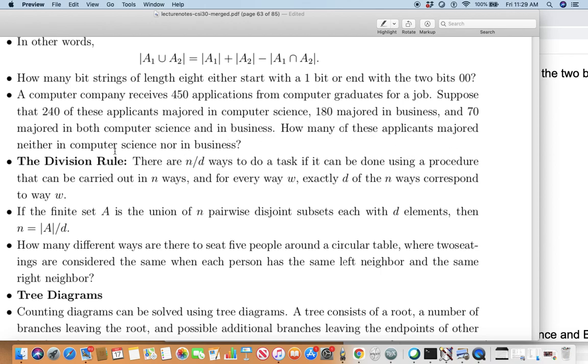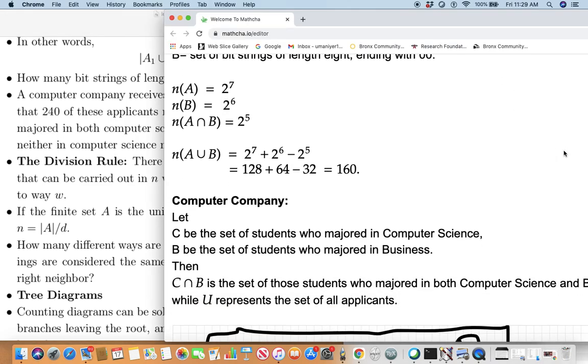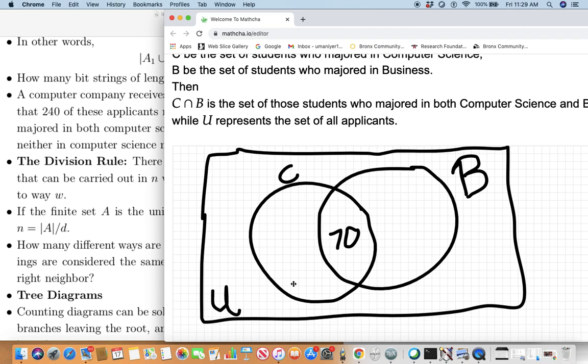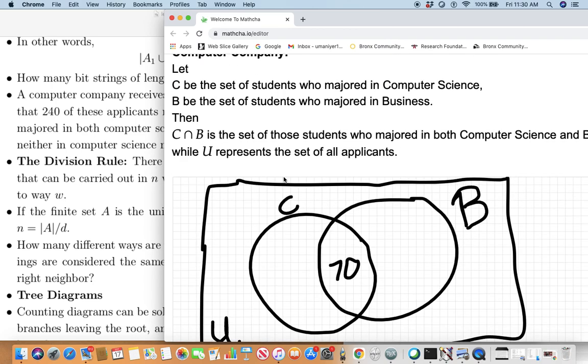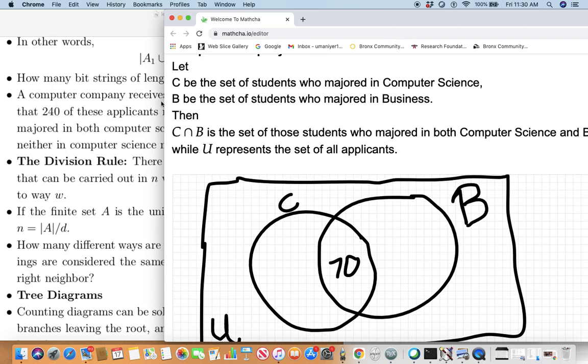How many of these applicants majored neither in computer science nor in business? Well, let's draw a Venn diagram. This is the universal set. U represents the set of all applicants. C represents applicants majoring in computer science. B represents the set of students who majored in business.